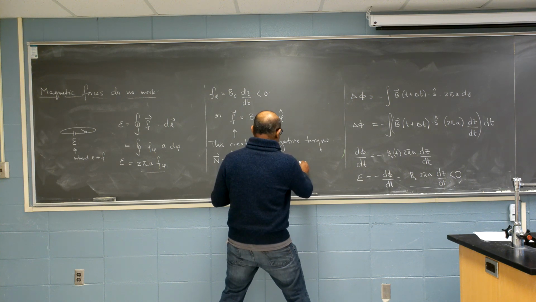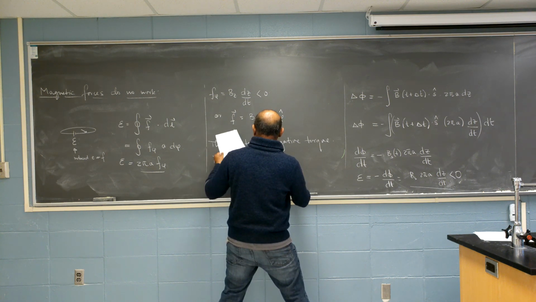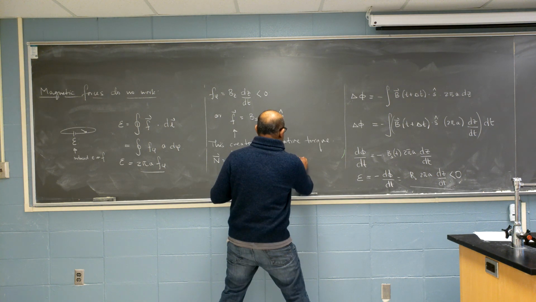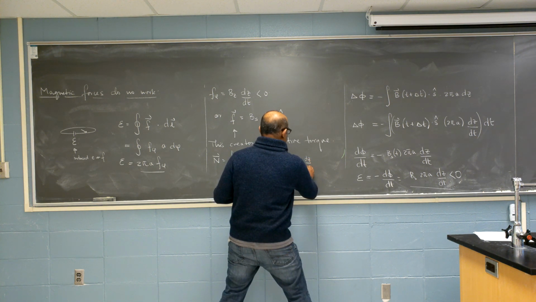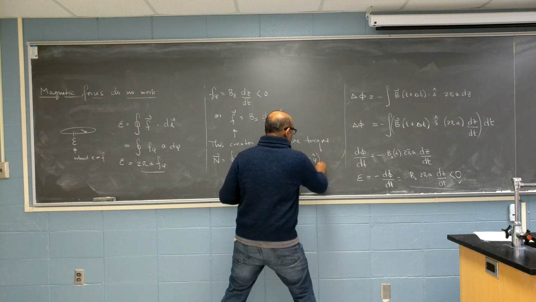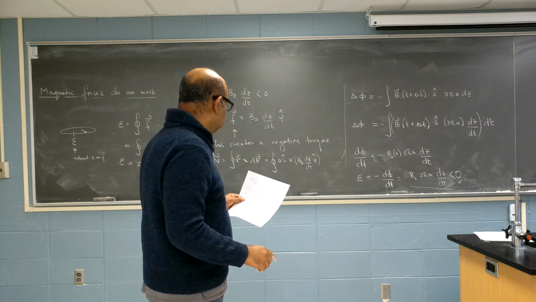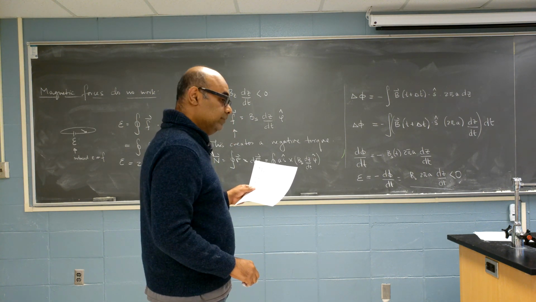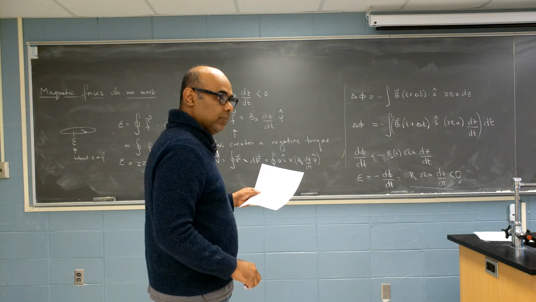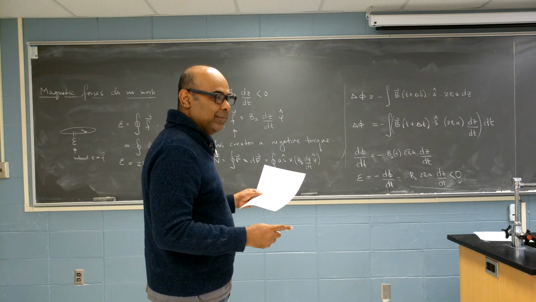So let me first write Bs dz/dt. This is the force per unit charge. What is the total charge? Lambda times 2 pi a.